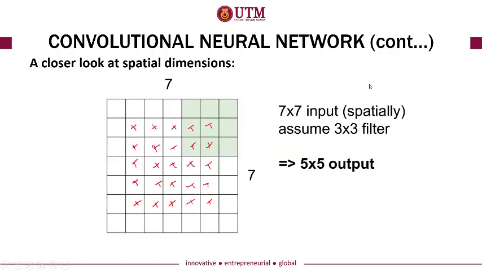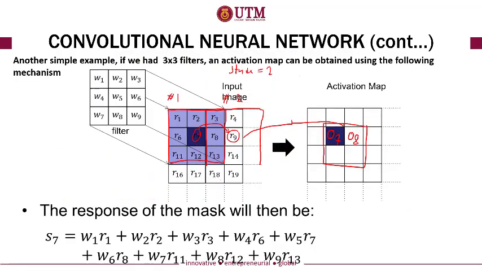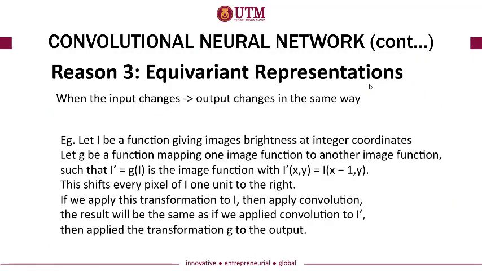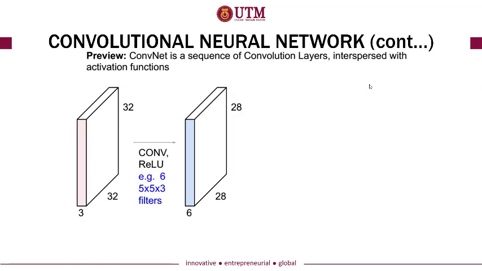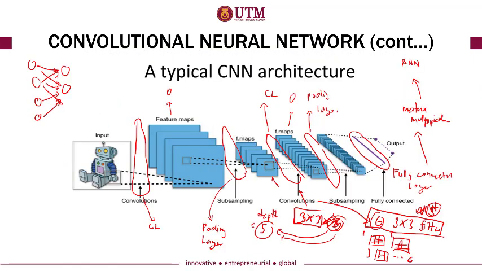If you remember these architectures, for this convolutional layer, the input is the input image, but the input for this convolutional layer is not the input image, it's the activation map of the previous layer.